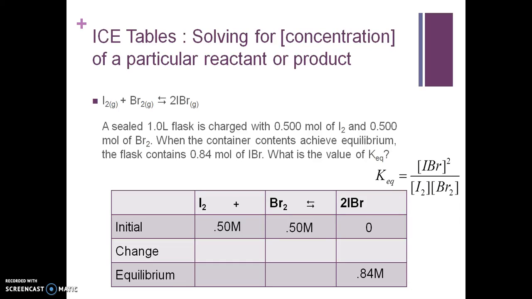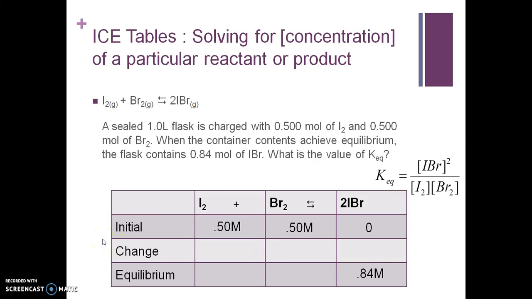And the rest is my knowledge of equilibrium. I know that equilibrium has to change at a constant rate. So they are going to start going back and forth at the same rate, which means that if I lose some amount of iodine, it's going to make some amount of iodine bromide.